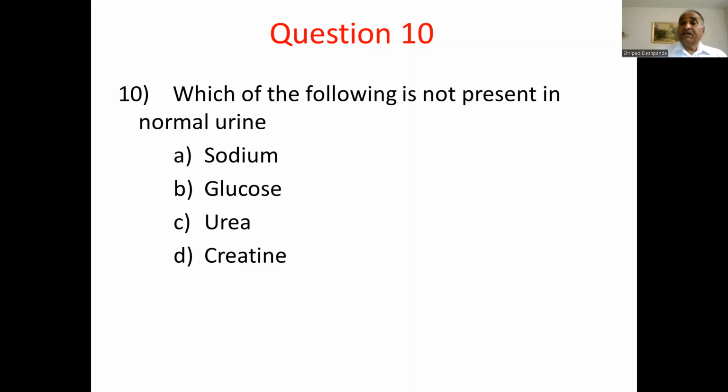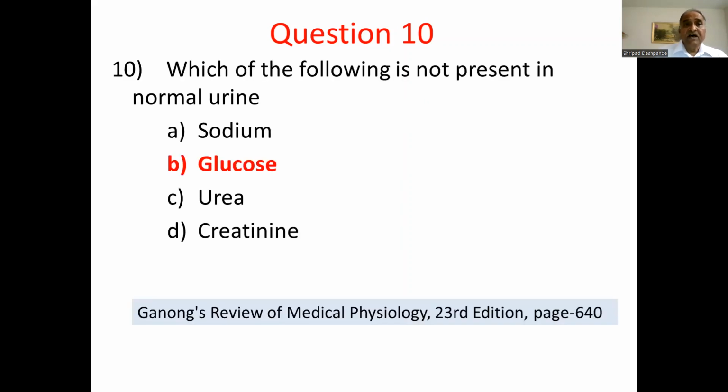What is not present? In a normal person, glucose is completely reabsorbed, so there is no glucose in the urine. The answer to this question is option B, glucose. You can find this in Ganong's textbook of physiology, page 640. There is a table there.